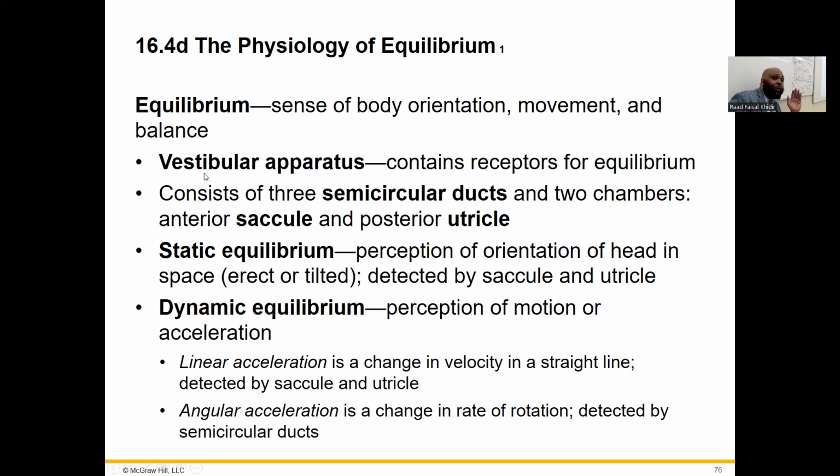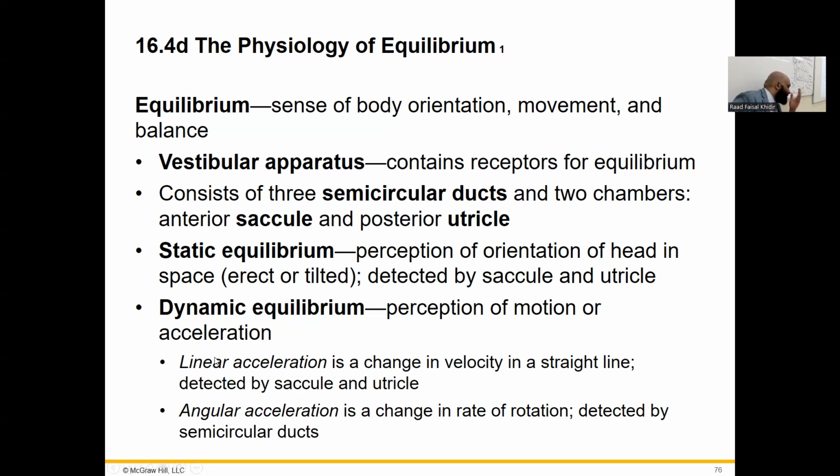Patients who suffer from an inability to control their balance can never get on the elevator, because once the elevator starts moving, they cannot control their balance and they will fall, or if they start accelerating.